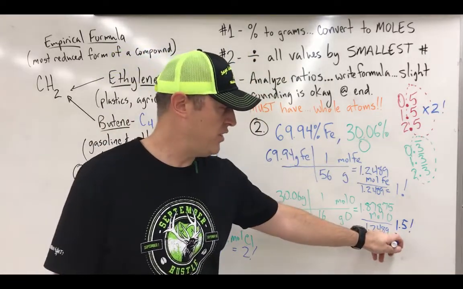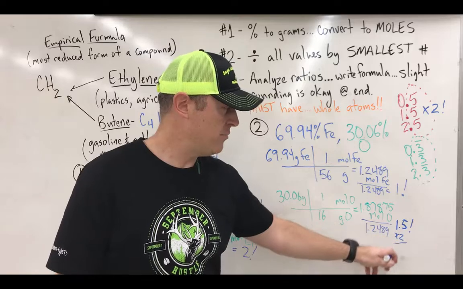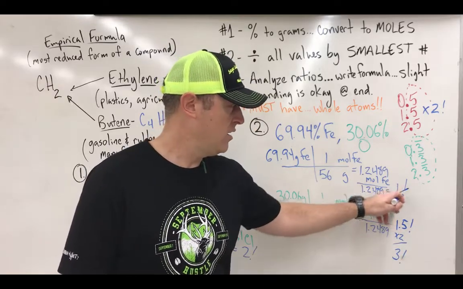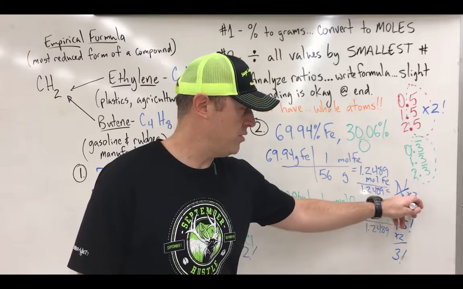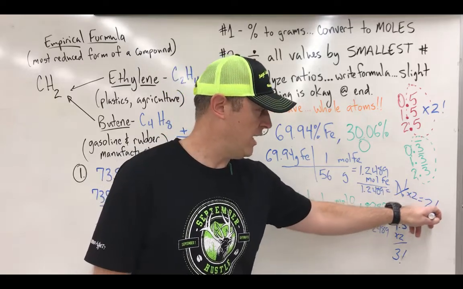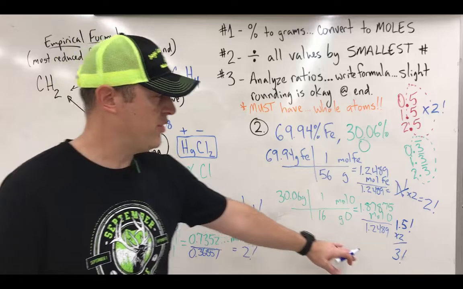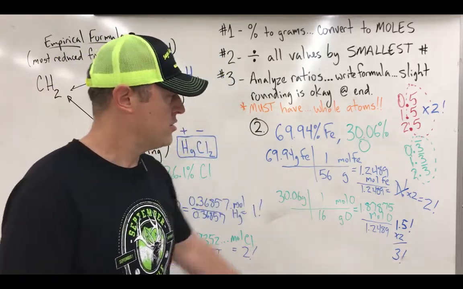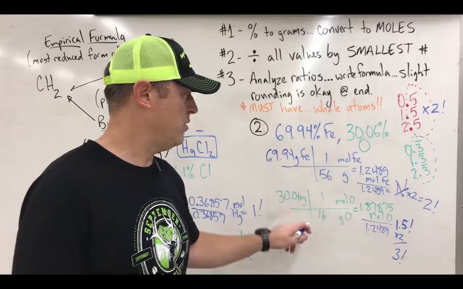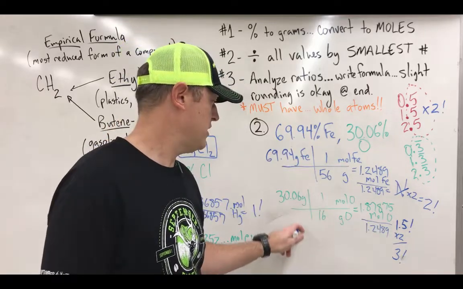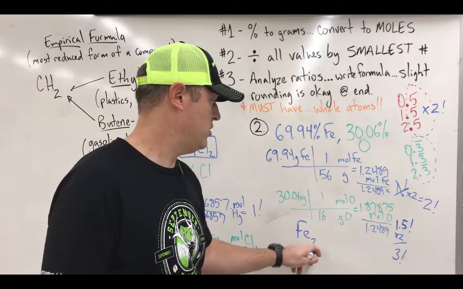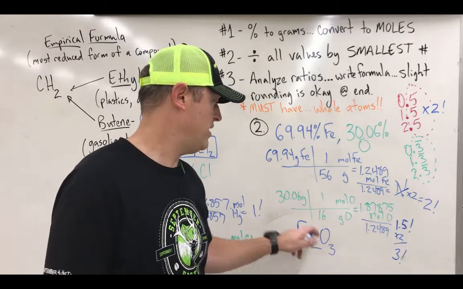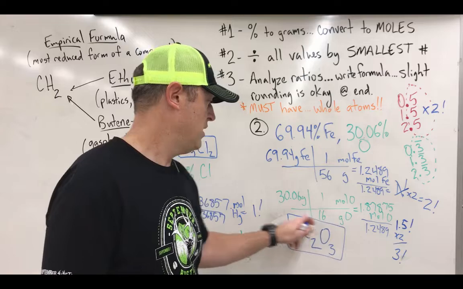So if I multiply this by 2, that means I'm going to have 3 whole atoms, and then this multiplied by 2 is now going to be 2 whole atoms. And so the ratio for this, that's a trick to get rid of that. So the ratio for this compound would be 2 irons, Fe2, and 3 oxygens, O3. That is the empirical formula that we would have with that.